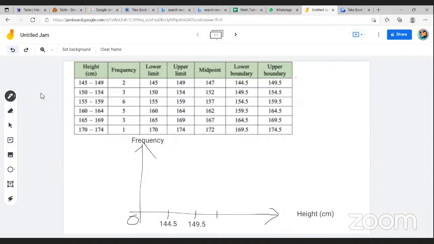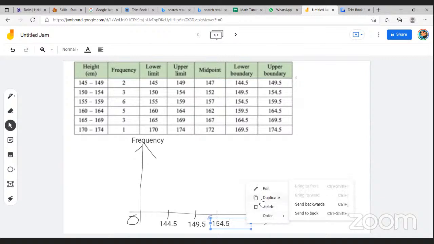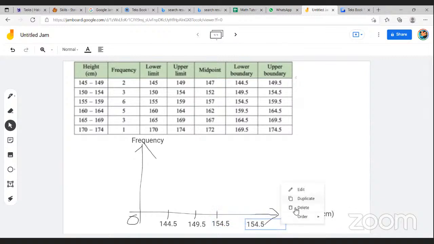But for the case of a histogram, once you have your scale and everything, you can do it like this: 149.5. In this case, the upper boundary of this one and the lower boundary of this one will be the same, so you don't need to write it twice. Then after that, you take the upper boundary of the next one like so, 154.5, 159.5, 164.5, and so on and so forth.